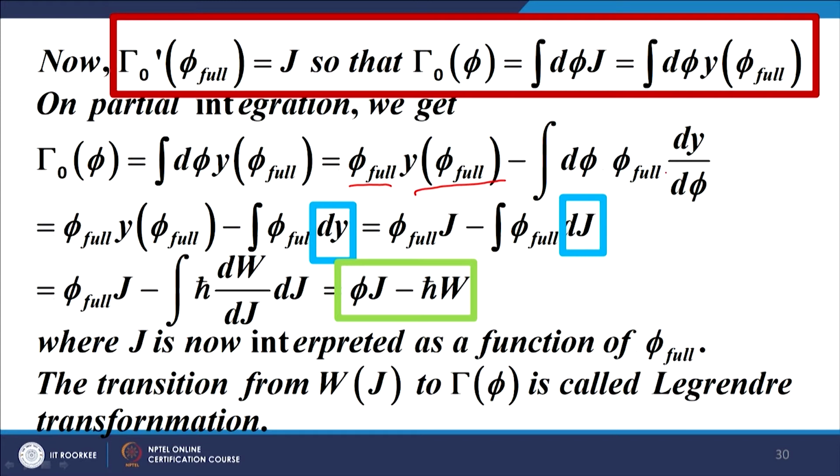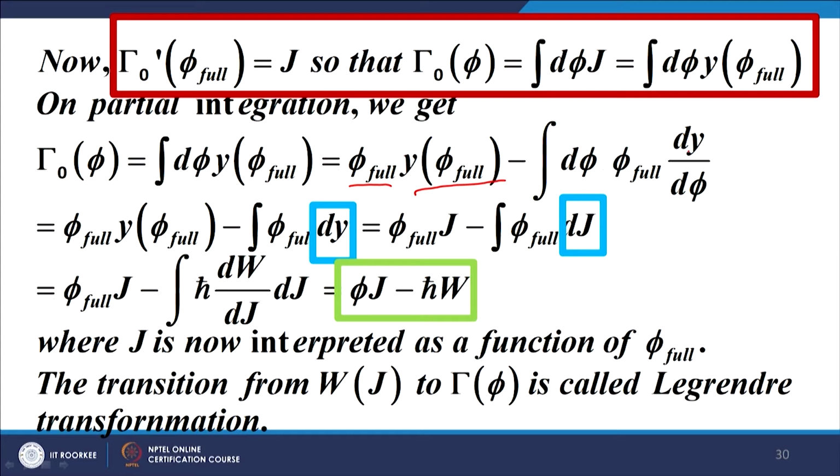So, now if you look at this, the first expression we have taken as it is. The second expression dy is equal to dj. So, we simply substitute this expression, integral phi full d phi cancels, we get integral phi full dy, which is nothing but integral phi full dj. But phi full is nothing but phi, the field function, and the field function is the first derivative of the generating function for the connected diagram.